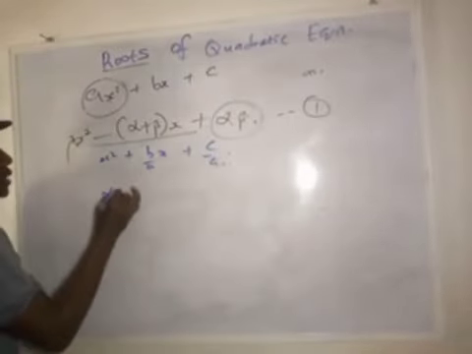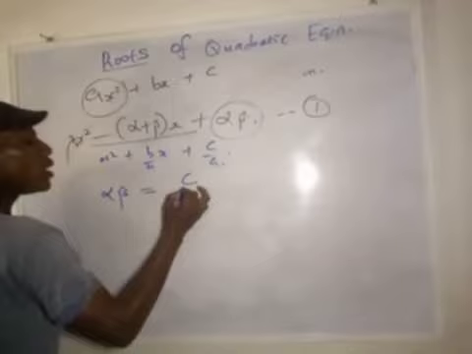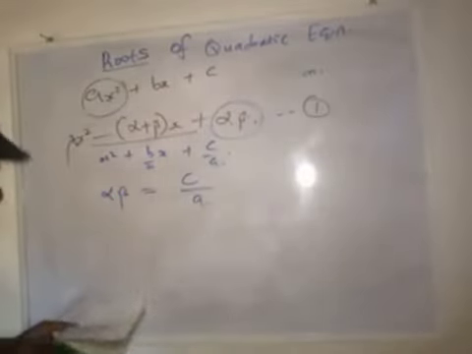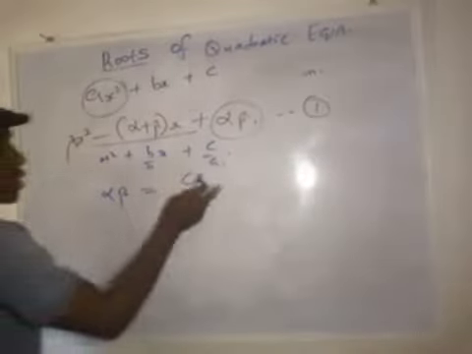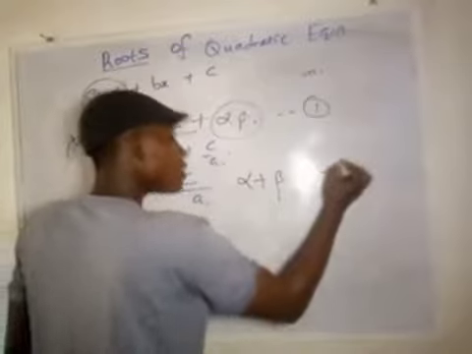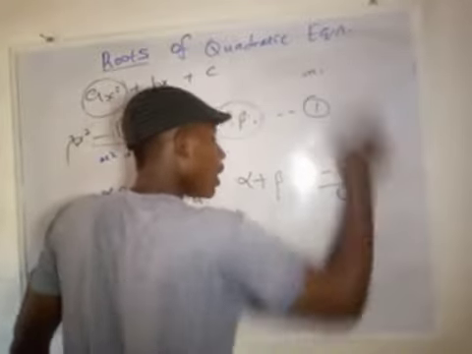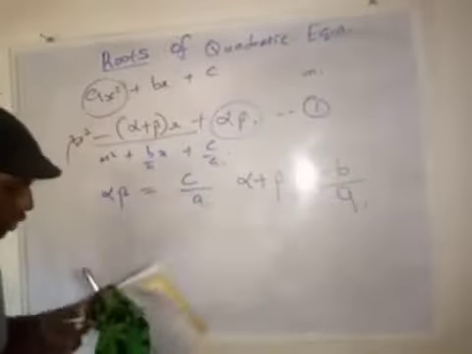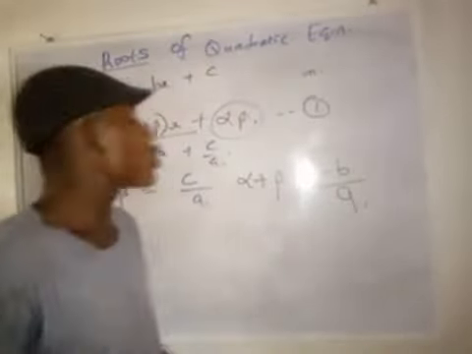I'm saying alpha beta is now equal to c over a. Are you getting the point now? And that is how we can say alpha beta is equal to c over a, and alpha plus beta is equal to minus b over a. And these are the two major expressions in the roots of a quadratic equation.